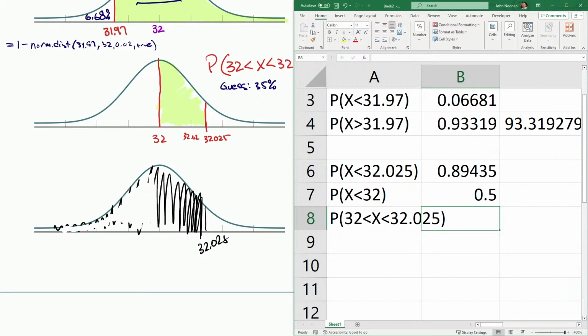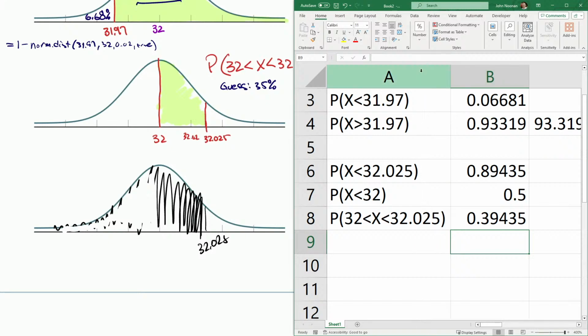So let's go do that in Excel. It looks like this. I'll take the bigger number minus the smaller number, and there's my answer. Let me move this over just a bit. There. So 39%, that's pretty close to what Karen had suggested. Pretty close to the guess. So I'm pretty happy about it.